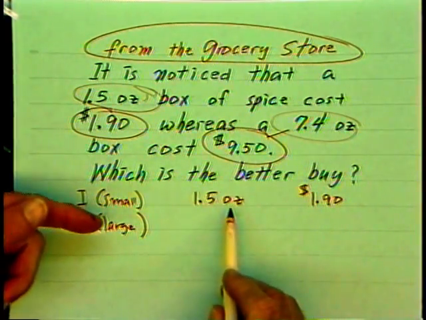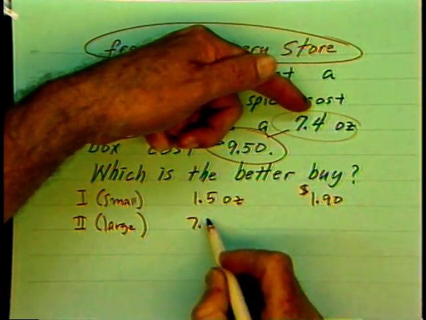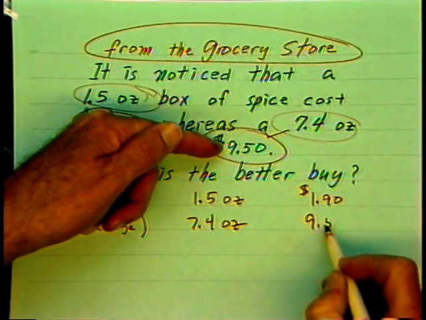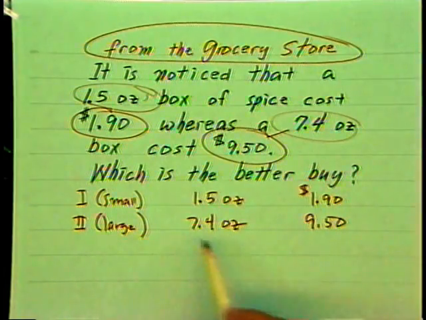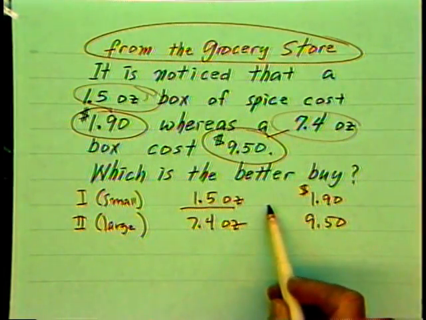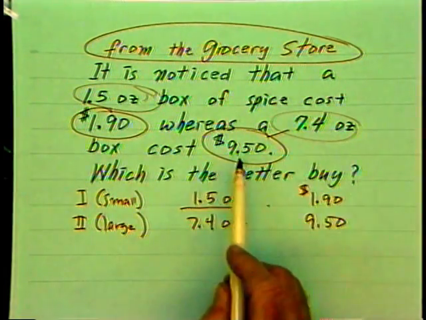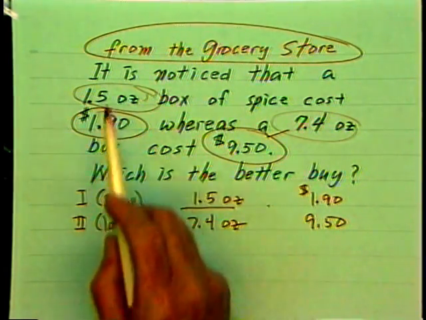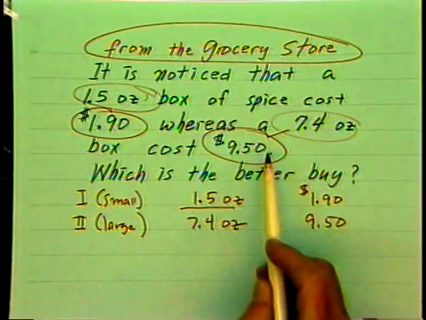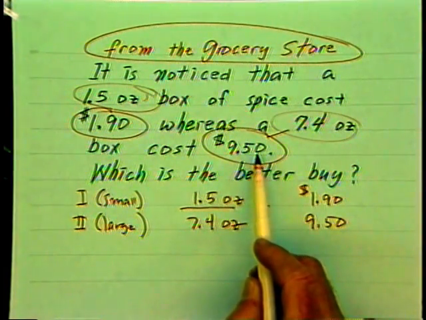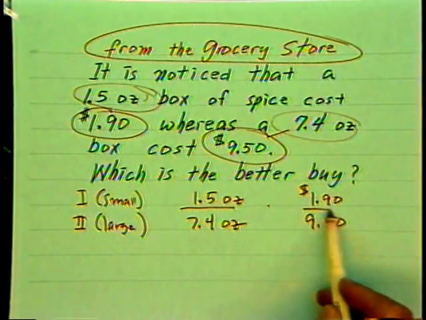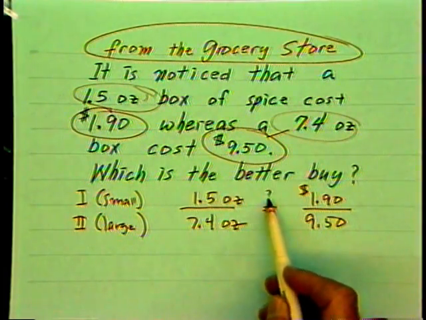Its size was 7.4 ounces, and its cost was $9.50. So now our question is, first, if they did cost the same, that means they're proportionate. That is, if I double the box or triple it, I should double or triple the price. And what we're asking is, did they do that, really? So we're really asking, is this true?